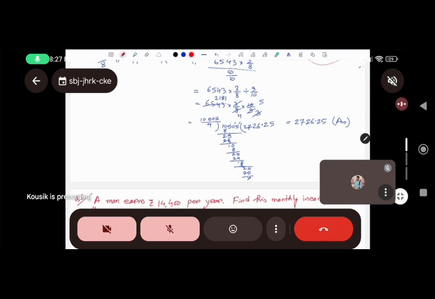How much will he earn in 2 years, 6 months?